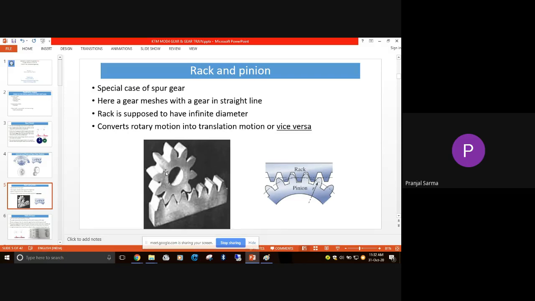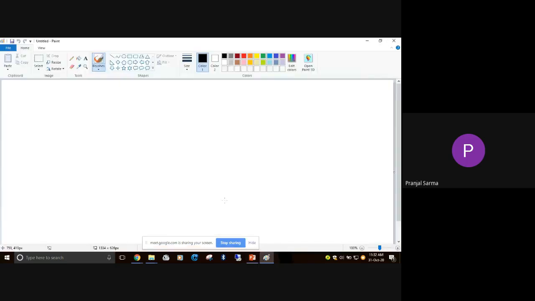That means if we have this particular setup of rack and pinion which are properly in mesh, then what will happen? Suppose this is the rack portion that we have, don't mind the drawing, and suppose this is the pinion.